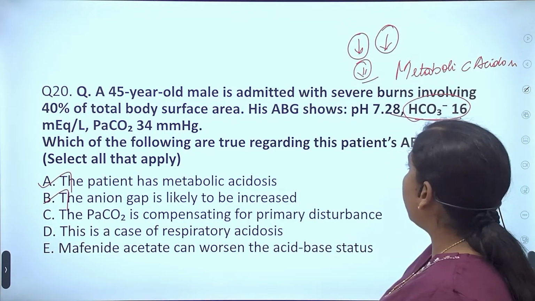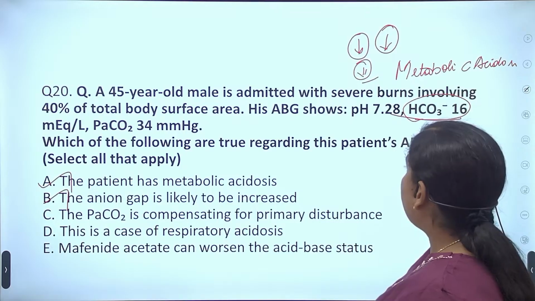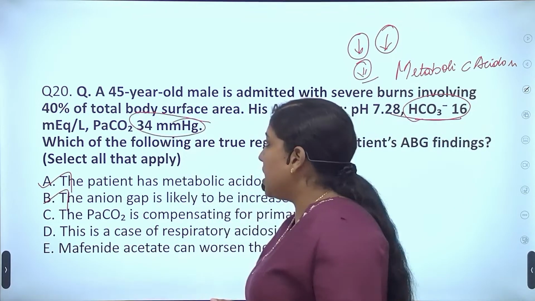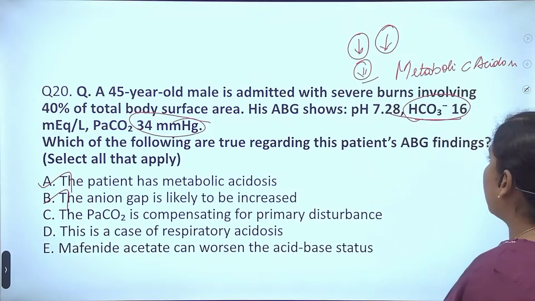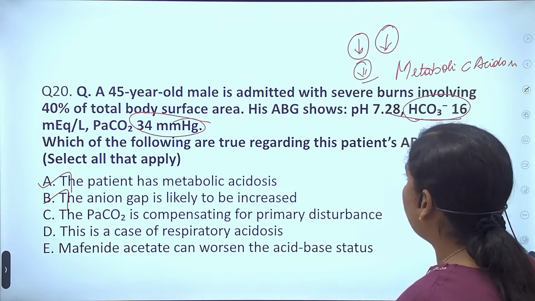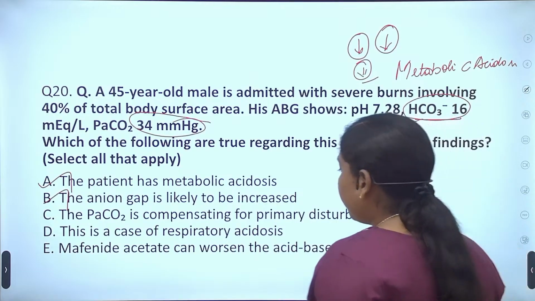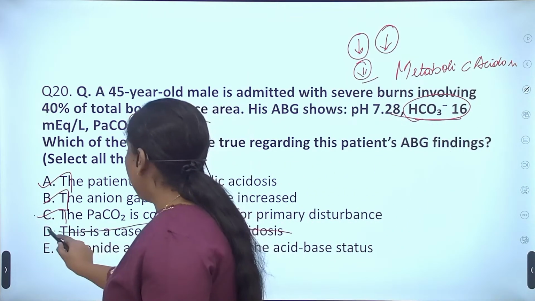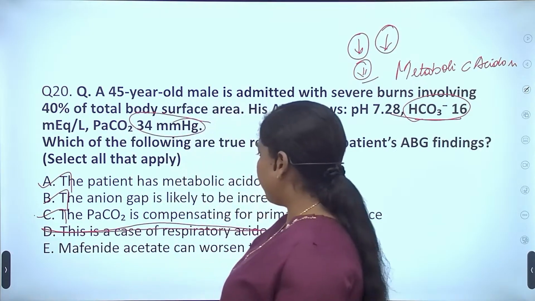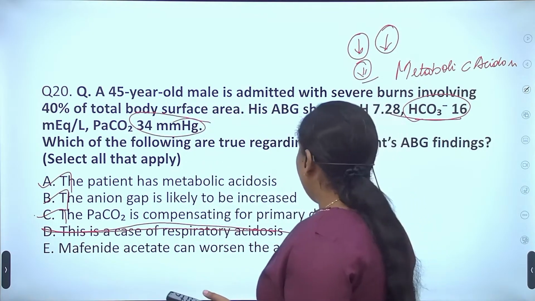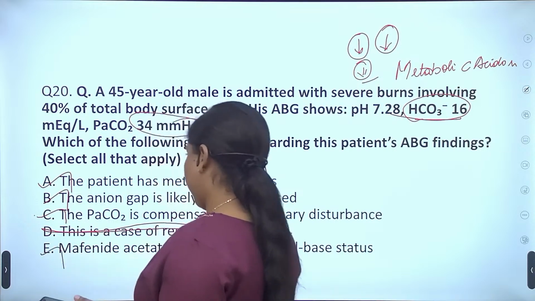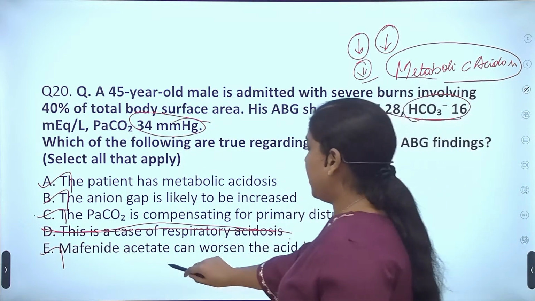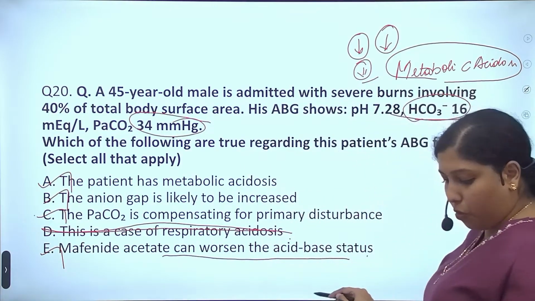If you can see the PaCO2 level, it is altered and it is trying to do a compensation. This is a case of respiratory acidosis? Absolutely wrong. Mafenide acetate can worsen the acid-base status. Yes, the patient is in metabolic acidosis, so mafenide acetate has an important role.